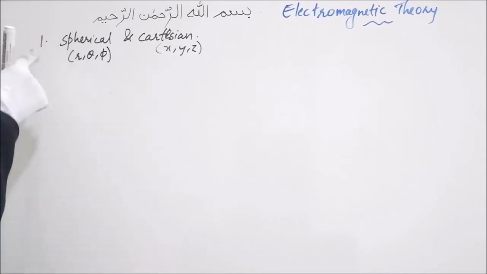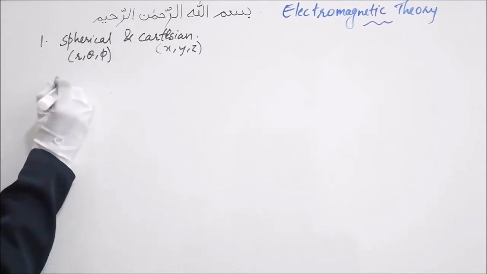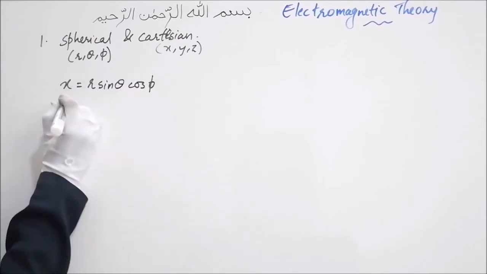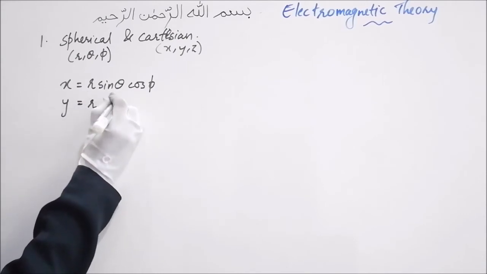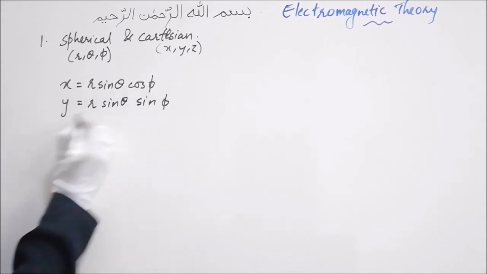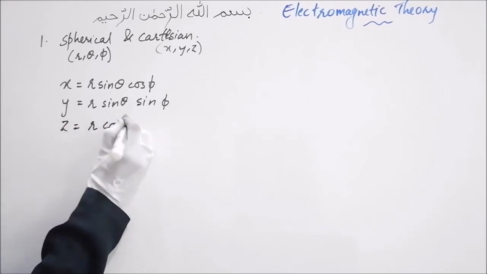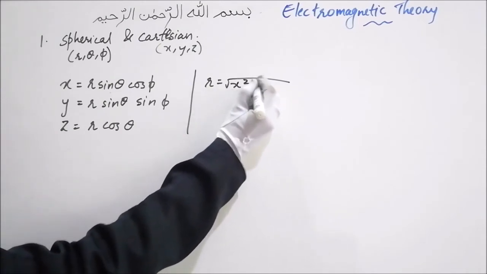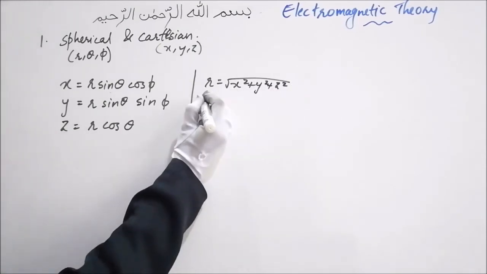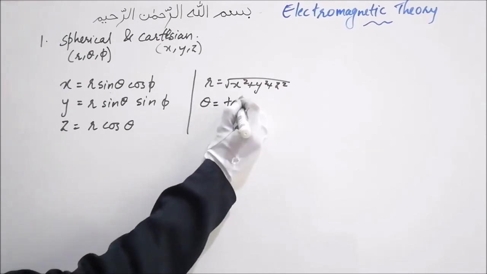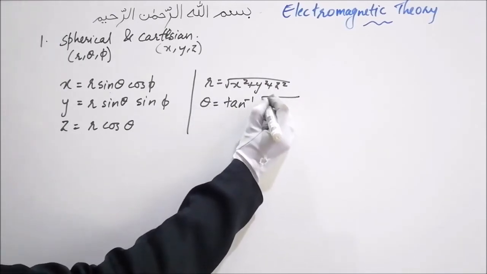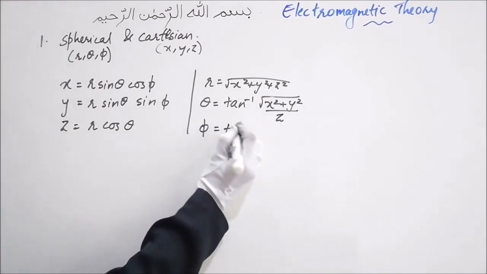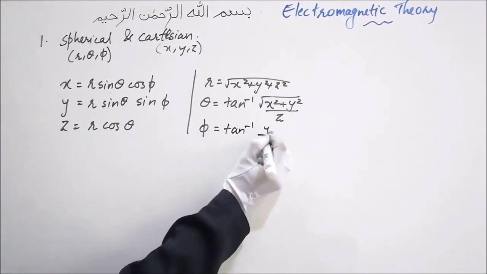The relations are x equals r sin theta cos phi, y equals r sin theta sin phi, z equals r cos theta, where r is equal to root of x squared plus y squared plus z squared, theta is equal to tan inverse of root of x squared plus y squared upon z, and phi is equal to tan inverse y by x.